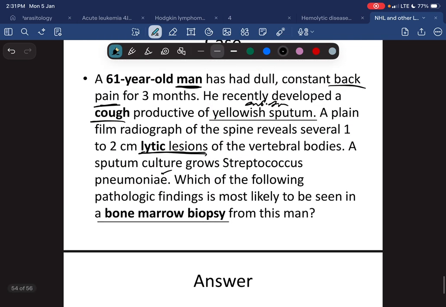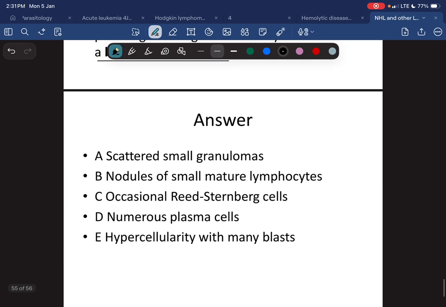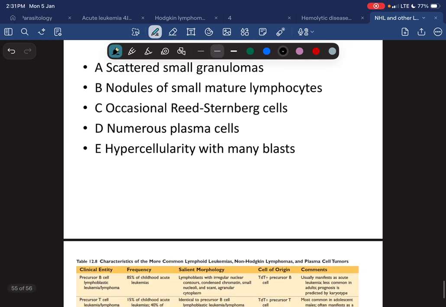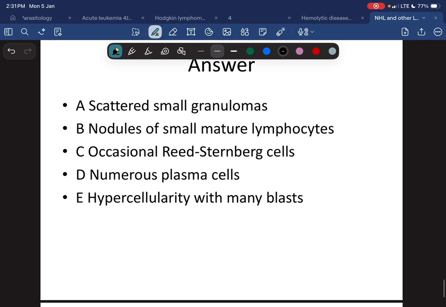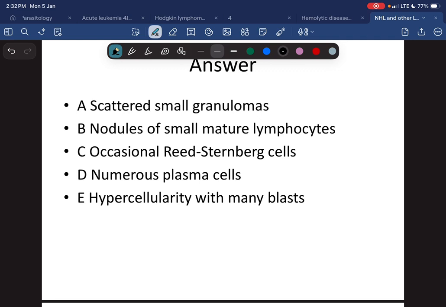Which of the following pathologic findings is most likely seen in the bone marrow biopsy? He is elderly, has infection, lytic bony lesions. Maybe he has granulomas due to TB, for example? Nodules of small mature lymphocytes in the bone marrow, that is CLL, which doesn't cause lytic lesions.